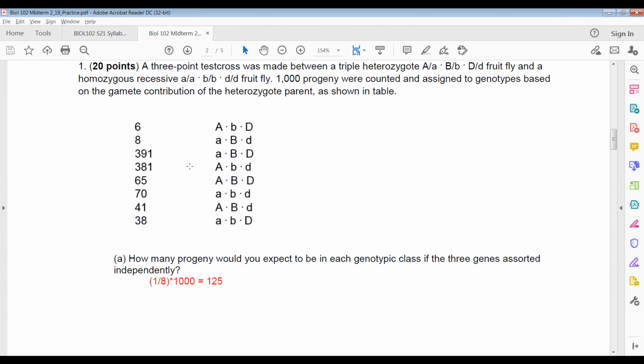You immediately figure out the parental type, and you see some very small numbers, 6 and 8, significantly smaller than the other genotype classes, which means they represent the double crossover categories.